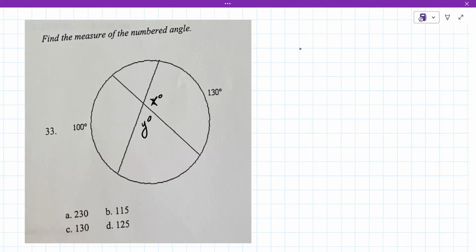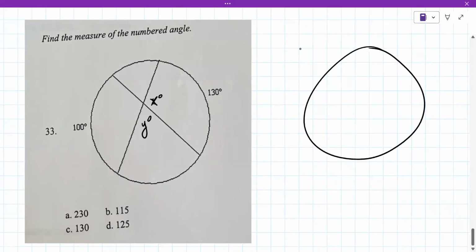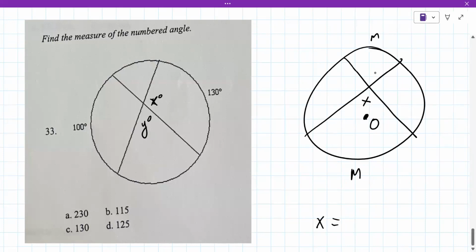Can I have the formula, please? So the formula says if you've got a chord, and I'll call this little m and big M, X could be on either side. And the idea is that O, the center, is right there. X is equal to little m plus big M divided by 2.